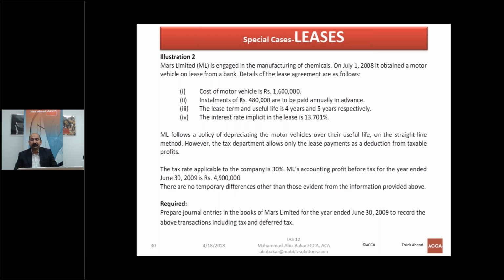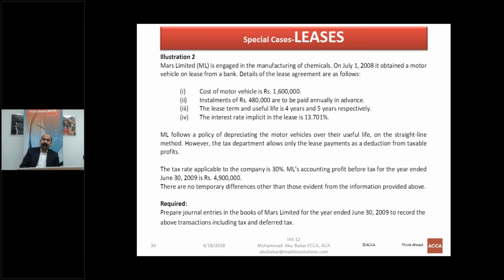Cost of the motor vehicle is 1.6 million rupees. Installments of 480,000 are to be paid annually in advance. The lease term and useful life are 4 years and 5 years respectively. The interest rate implicit in the lease is 13.701%. ML follows a policy of depreciating the motor vehicles over their useful life on the straight line method.